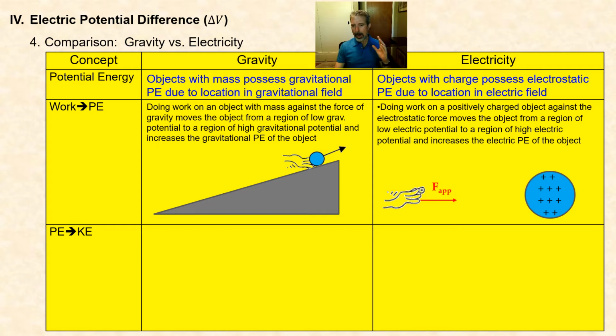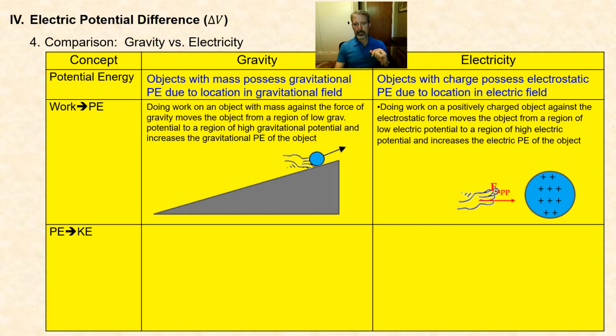So obviously, due to this repulsive force, I've got to do positive work to move that object from a region of low electric potential to a region of high electric potential. And when I do so, I increase the electric potential energy of the object. So hopefully you can see the similarity with what you already know about gravity.